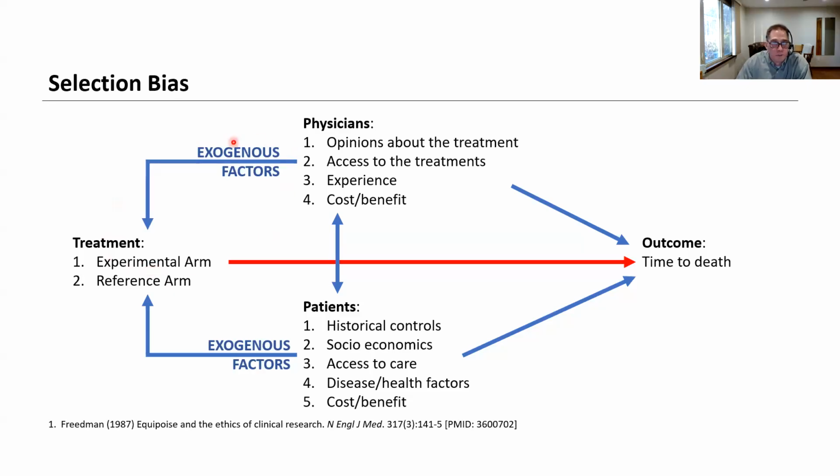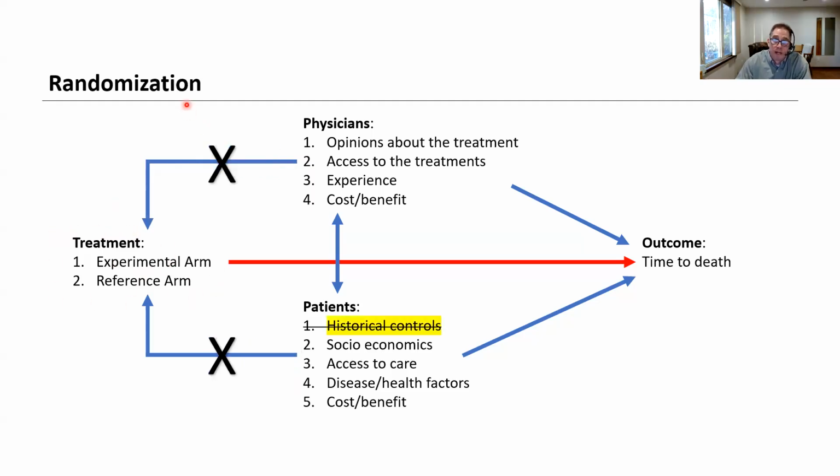Right? So what we want to do is break the effect of these exogenous factors on the treatment assignment. And that's what randomization does. It takes all of these opinions and all of these patient level factors, and it balances them out between the experimental arm and the reference arm.